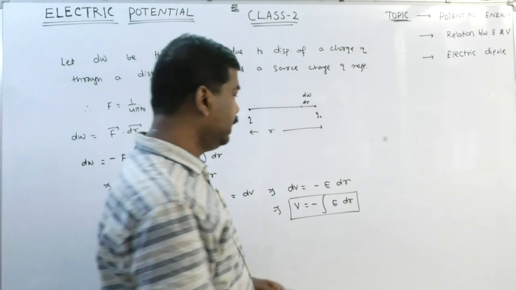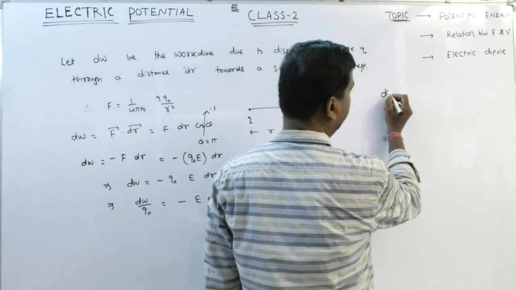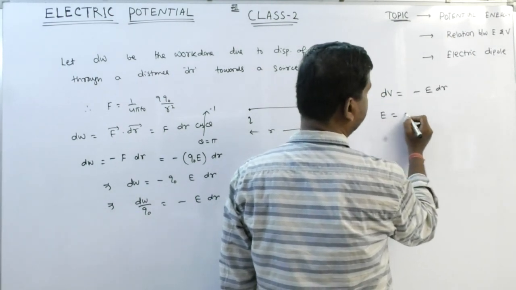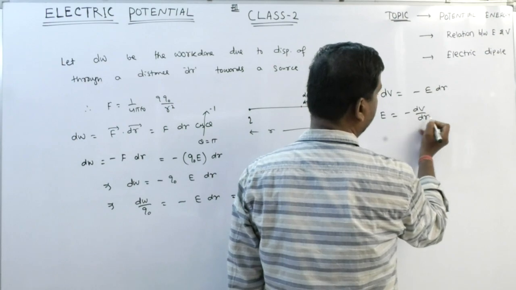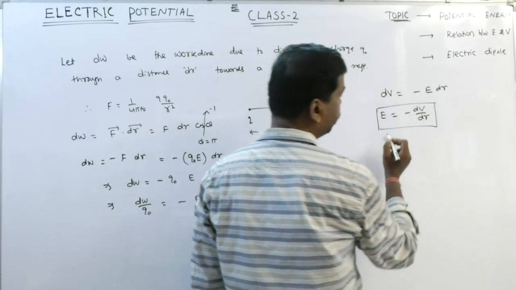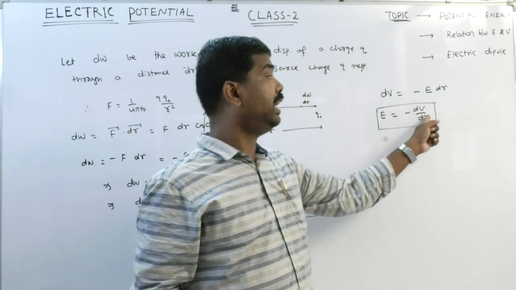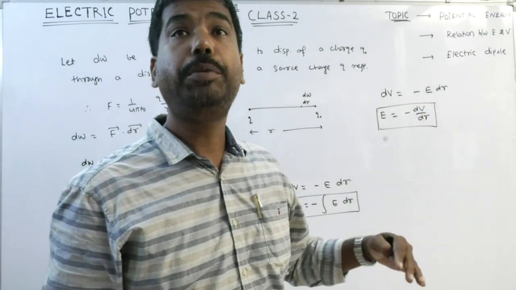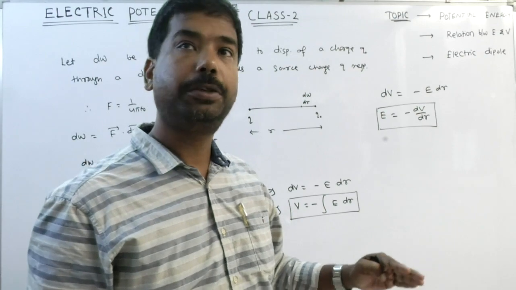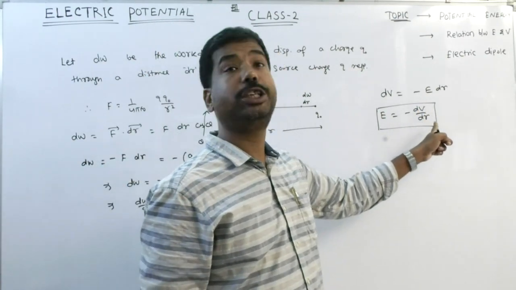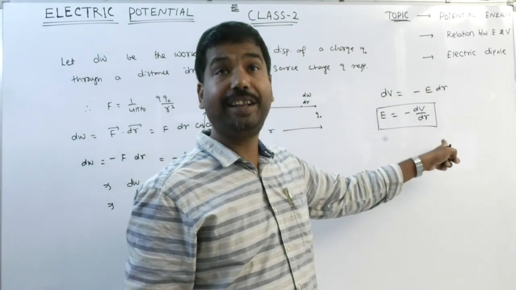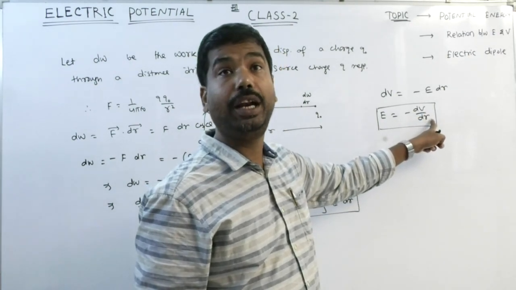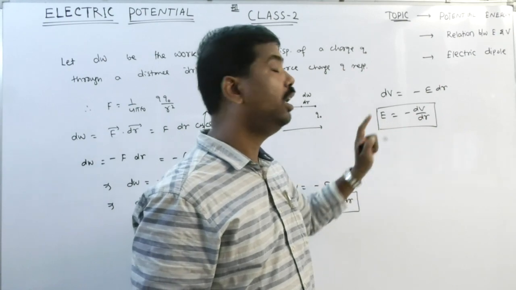This is also written in the form dV is equal to minus E dr. Then I can write E is equal to minus dV by dr. It means negative scalar gradient. Gradient means variation with respect to distance. So here potential varies with respect to distance, so it is called potential gradient. The variation of potential with respect to distance is called potential gradient, and the negative of that is called electric field.